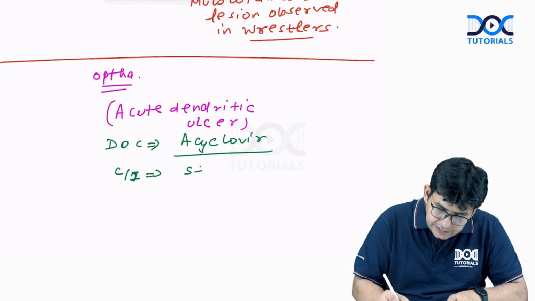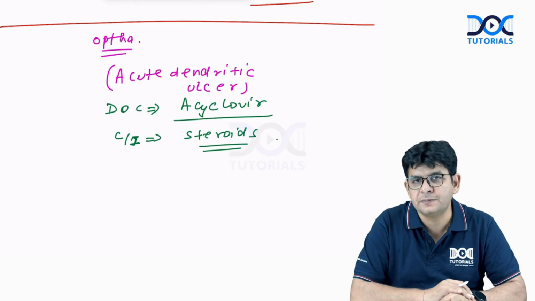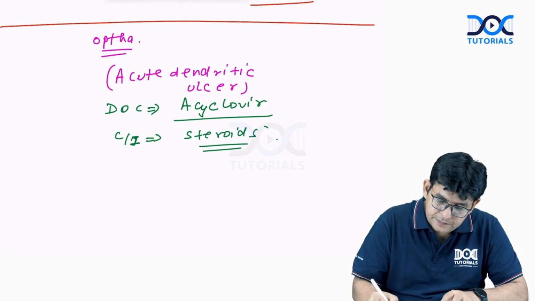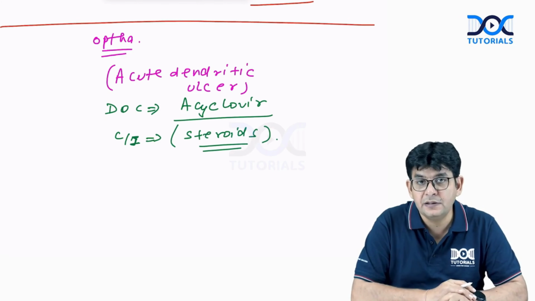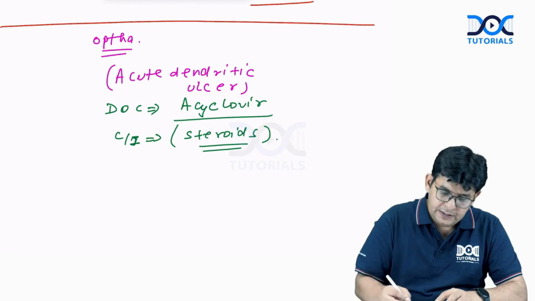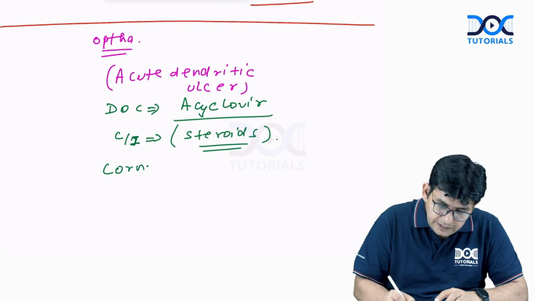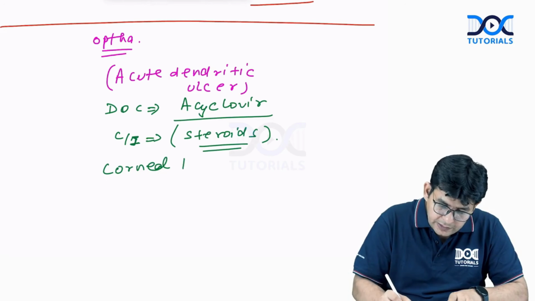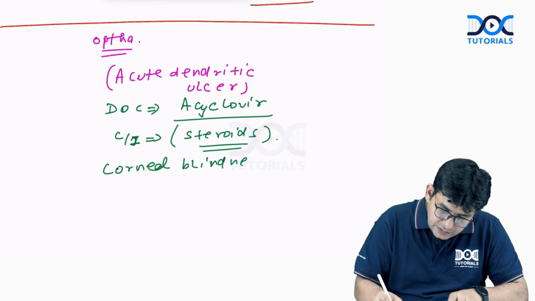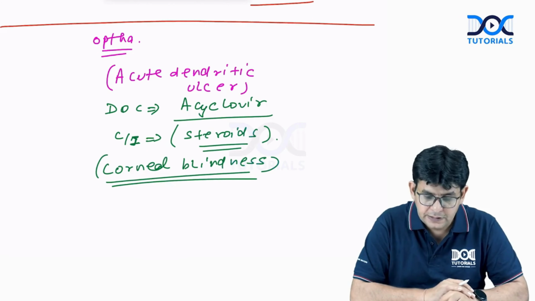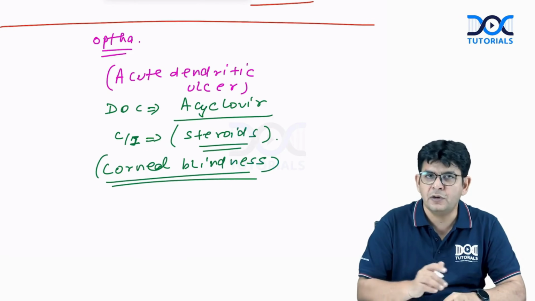Steroids. If you give steroids, they enhance this condition rather than curing it, enhancing the disease. That's why they are contraindicated in acute dendritic ulcer. And if this ophthalmic involvement is not taken care of, it leads to corneal blindness also, because of the ulcer formation.